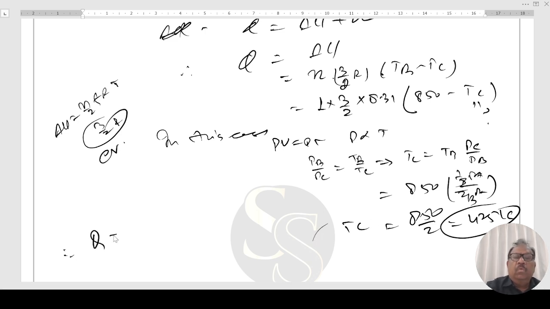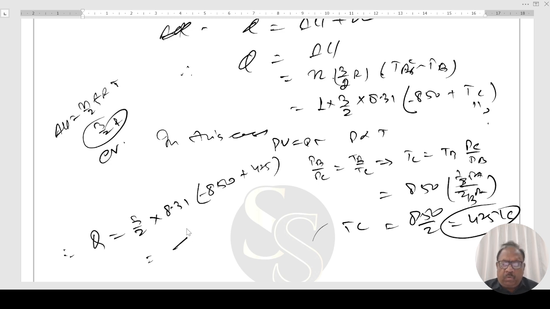Therefore, Q comes out to be 3 by 2 into 8.31 into (final temperature minus initial temperature), that is Tc minus Tb, which is 425 minus 850.